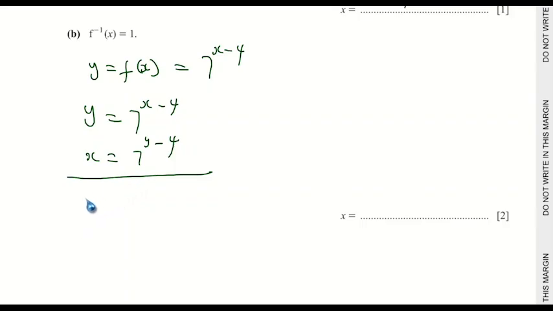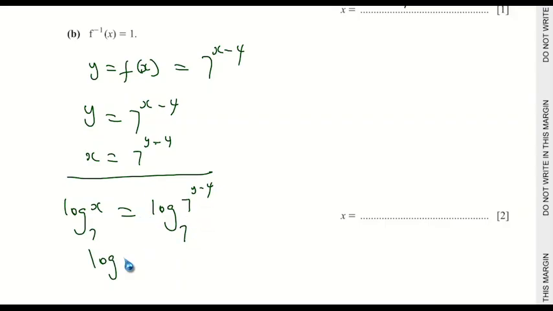So we can say that, since we want to take this, log x base 7 equals the power, y minus 4. Good. So we have log 7 to the power of y minus 4. This is base 7, so I can bring this one here.